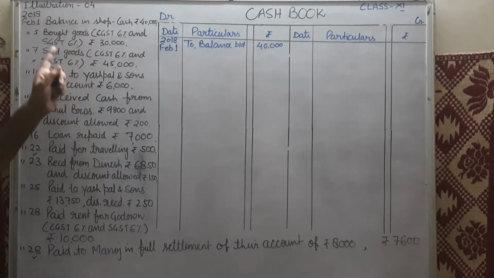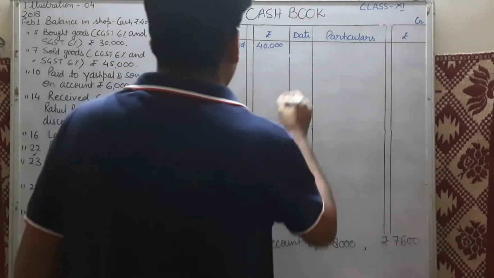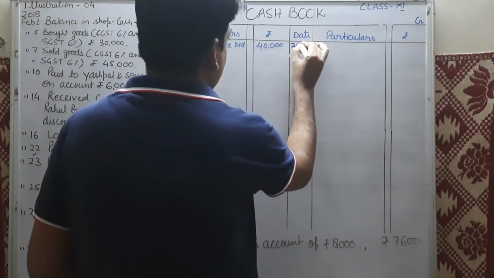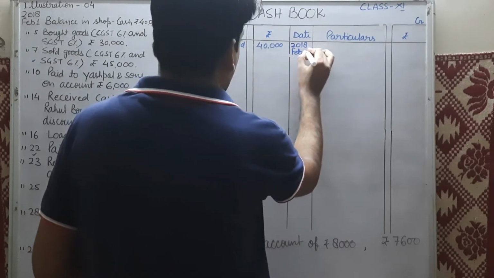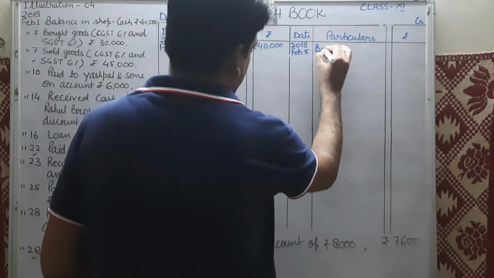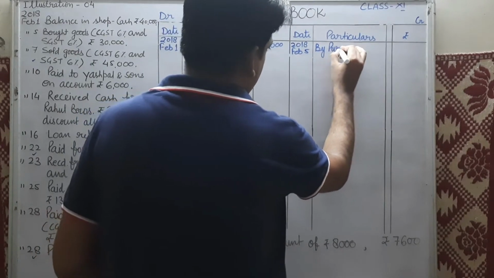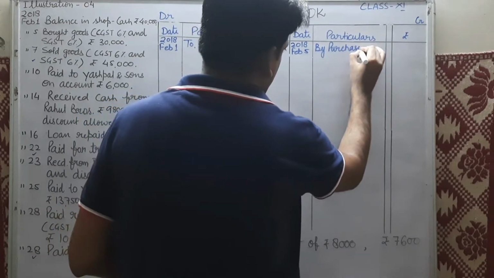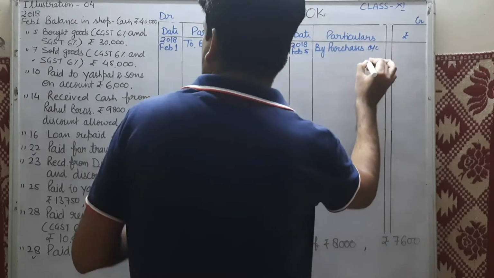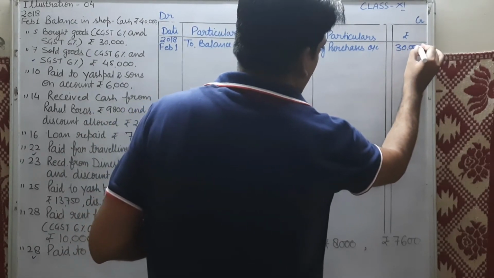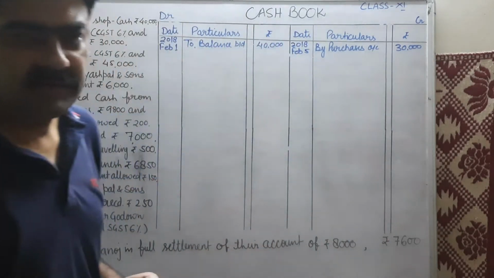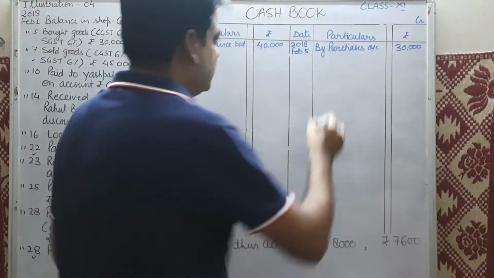See, next transaction is bought goods, CGST 6% and SGST 6%, rupees 30,000. This is our simple purchase on 2018 Feb 5. So by purchases will come in credit side, by purchases account, and you see purchase price is 30,000 and we have to pay both taxes, CGST as well as SGST.